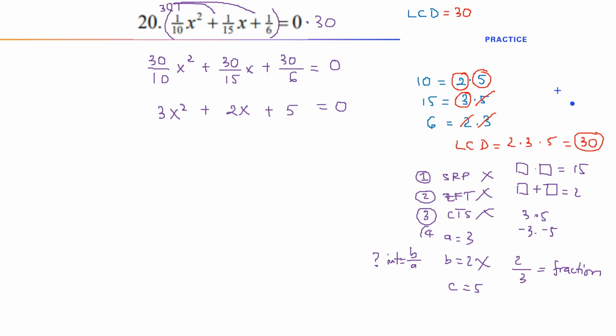So the last one, number 4, the fourth method is the quadratic formula. And remember, the formula is x equals negative b plus or minus square root of b squared minus 4ac over 2a. Now plug in.